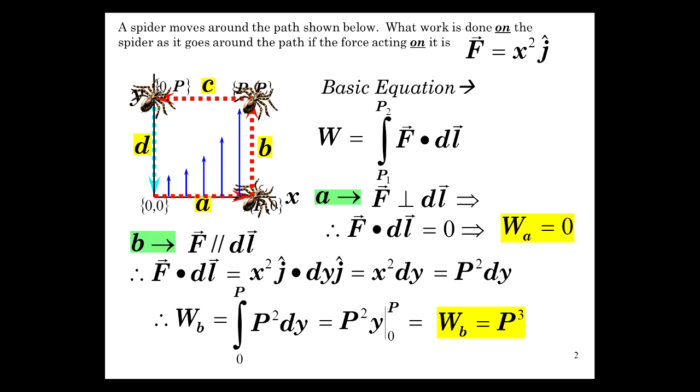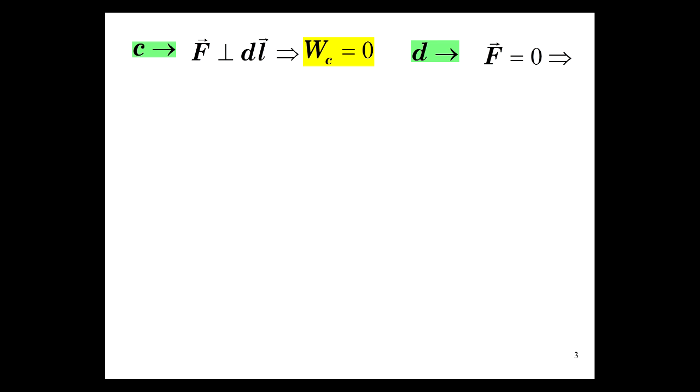path C, which should be pretty easy if you think about it, and path D, which is also pretty easy if you think about it. So path C, the force is perpendicular to dl, so you know what that means. Work along path C is 0. And for D, if you recall, along D we're going along essentially the y-axis, where the value of x is 0, so the force is 0.